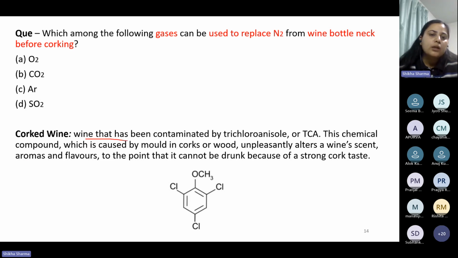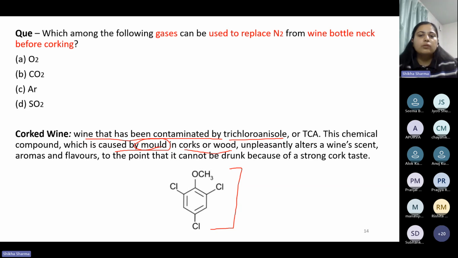Wine gets contaminated by TCA, which is trichloroanisole, this molecule. This chemical compound is caused because there is a mold or fungi present in the corks or the wood, because of that the wine gets contaminated, and there is a corking of the wine, which is unpleasant.